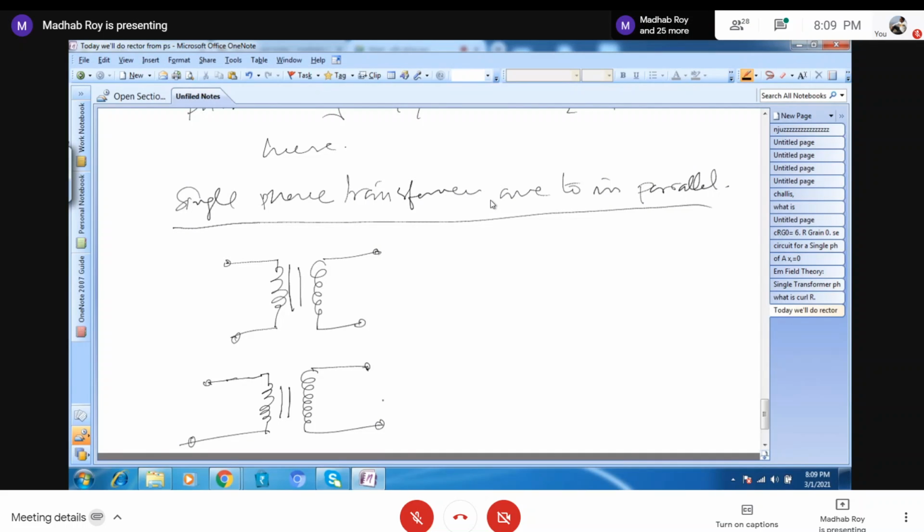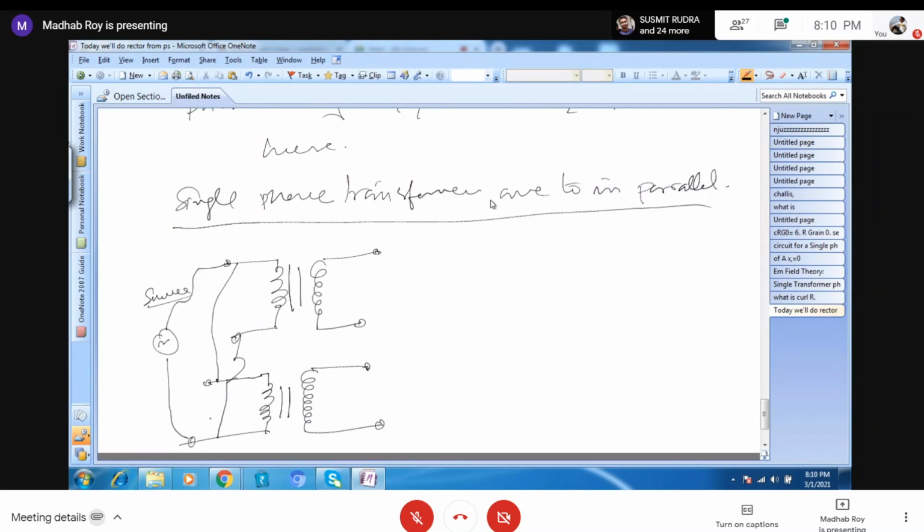So now, in case of the parallel, what do you do? Suppose this is the single phase source. Then the primary can be paralleled, no problem. Suppose the source is here, so we can connect like this and like this. Is there any problem if we do the parallel on the primary side?